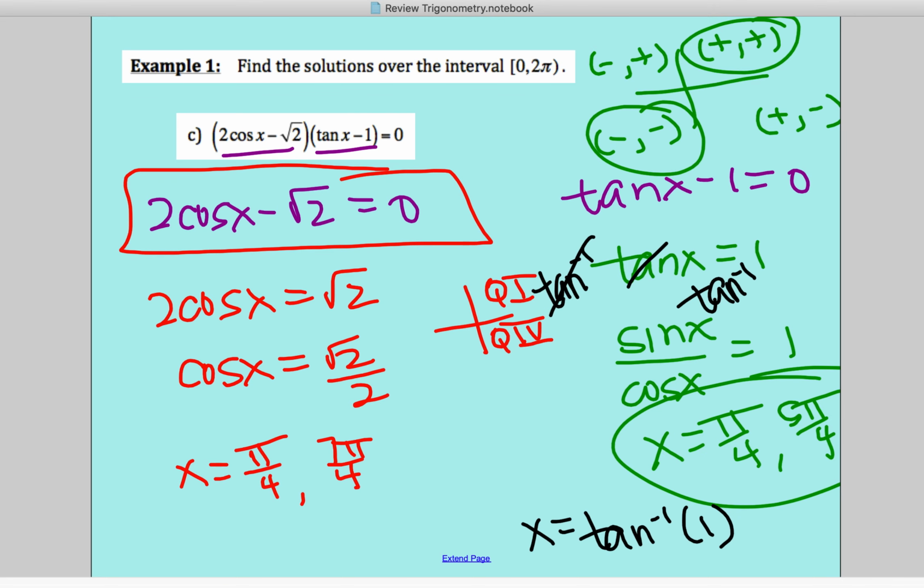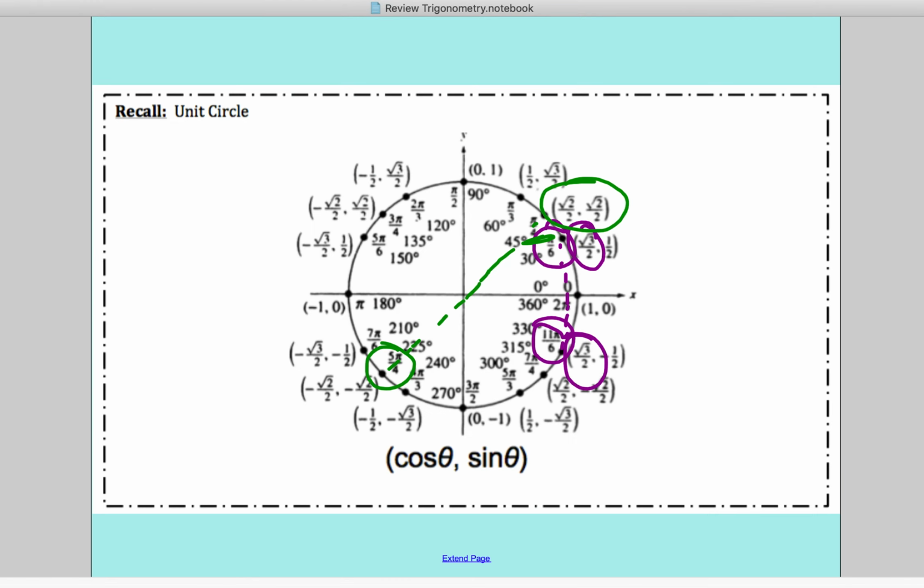You can convert them into radians one of two ways. You could look at your paper, because you are given a paper copy, and say, oh, here's 45 degrees. It's pi over 4 in radians. However, if you don't want to use your paper, the way you do it from last year is if you have 45 degrees, in order to convert into radians, you multiply by a conversion factor. The conversion factor we use is that pi radians is equal to 180 degrees.